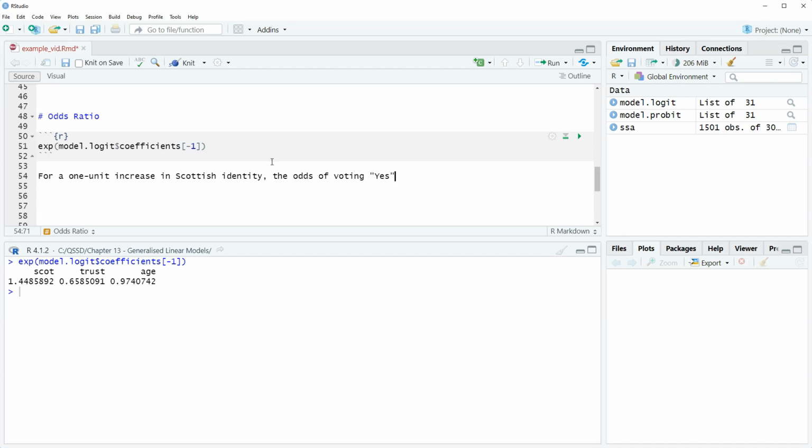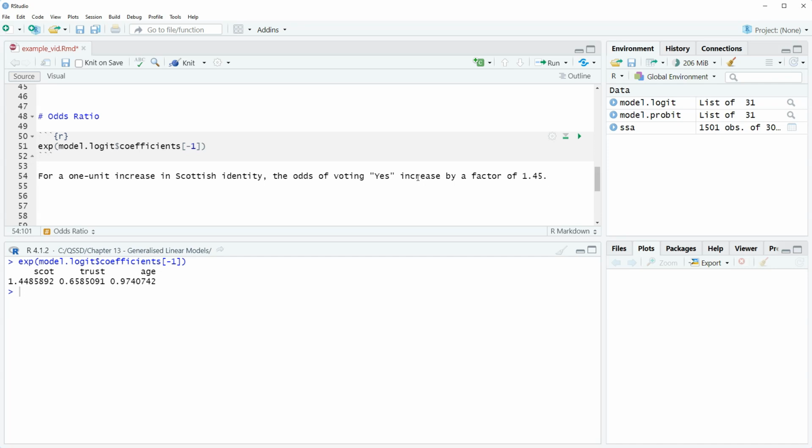All right, so the higher category is yes, the lower category is no. So the odds of voting yes, for a 1 unit increase in Scottish identity, the odds of voting yes increase, because it's above 1, right, increase by a factor of 1.145, and 45 is rounded.